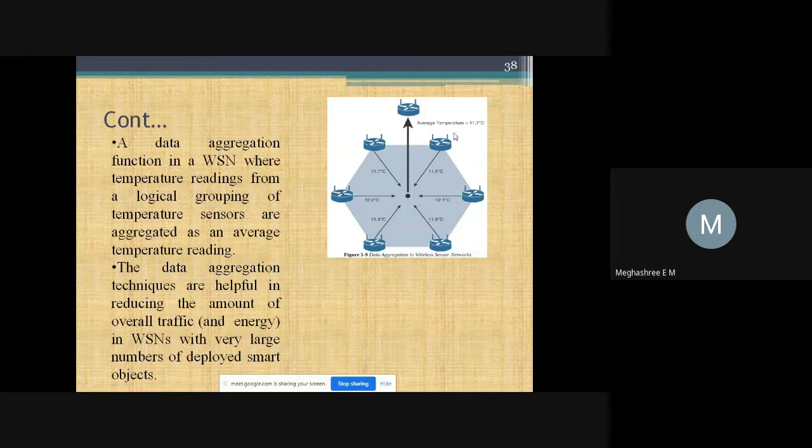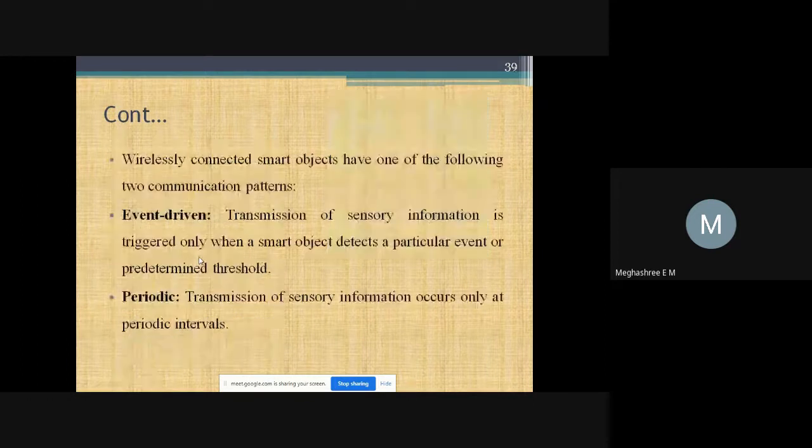But because of the data aggregation function implemented in the WSN, instead of sending data from each smart object, it collects the data, finds the average, and one reading is sent to the processing center or control system. This is an advantage of the WSN, the wireless sensor network.